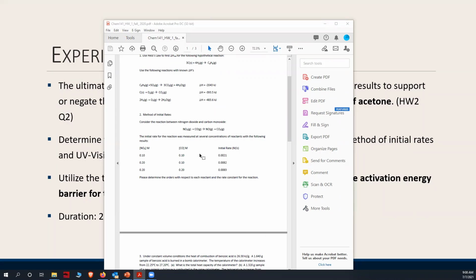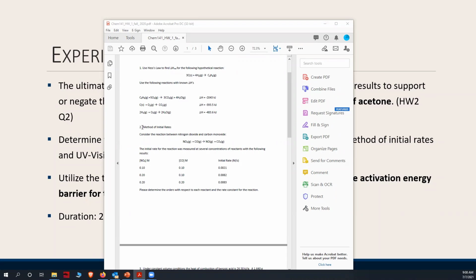Did you guys find homework 1? Question 2 is the method of initial rate, if you remember this one. Here, you have the initial concentrations and you're given the initial reaction rate. Remember, you need to determine the order with respect to each reactant and the rate constant for that reaction.